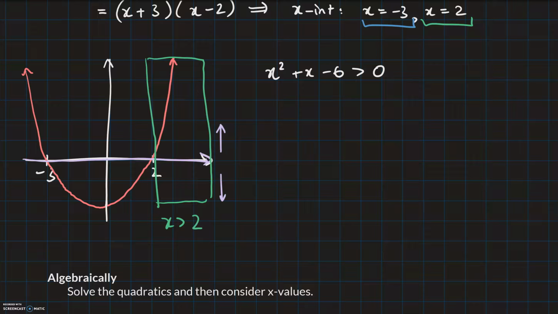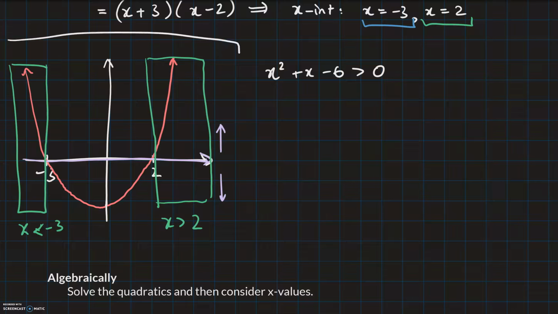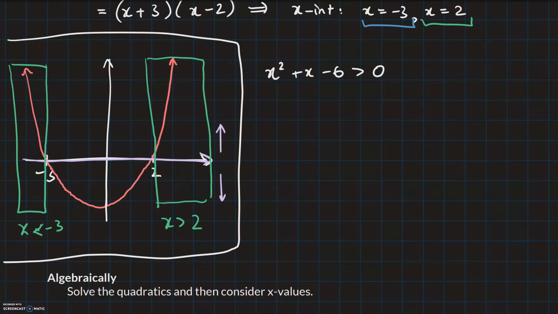And I've got my other region, which is to the left of minus 3. And so this region is x is less than minus 3. So to solve this using the graphical method, I need to draw this diagram here. I need to draw my graph so I can visualize it and show that I actually know what I'm doing. So to solve this inequality, I have, therefore, x is less than negative 3 or x is greater than 2.